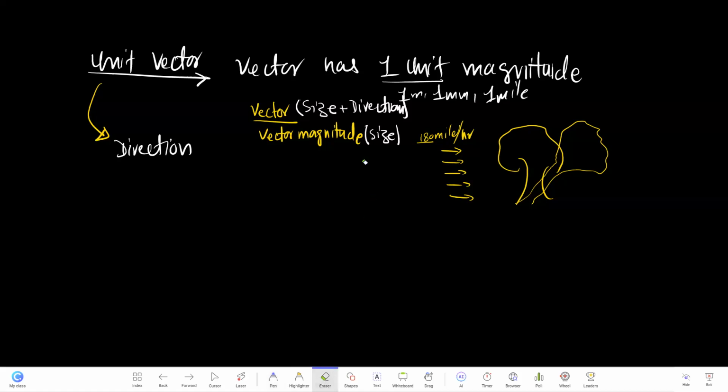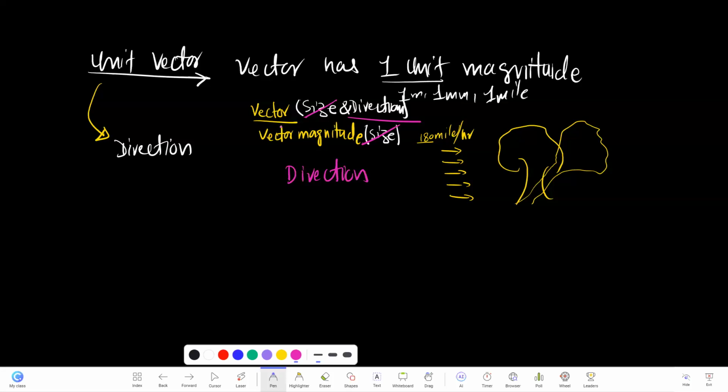So what happens when you do this kind of math? You can cancel this size with this size, and what is left over is only direction. What is left over when you divide is only 1, and that is why we call it a unit vector, having a 1 unit size. Direction is there, but there is no size.